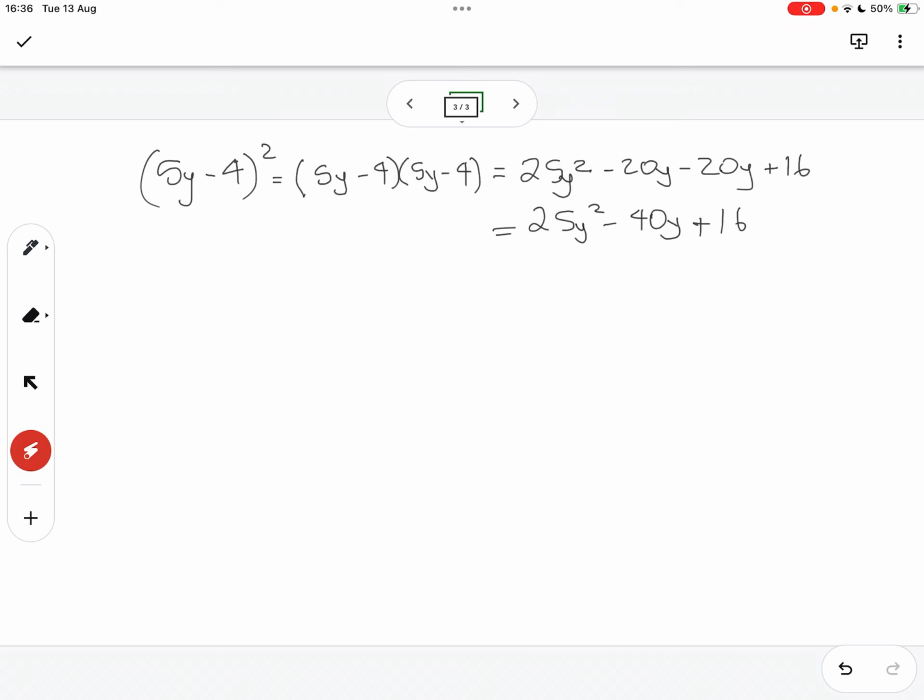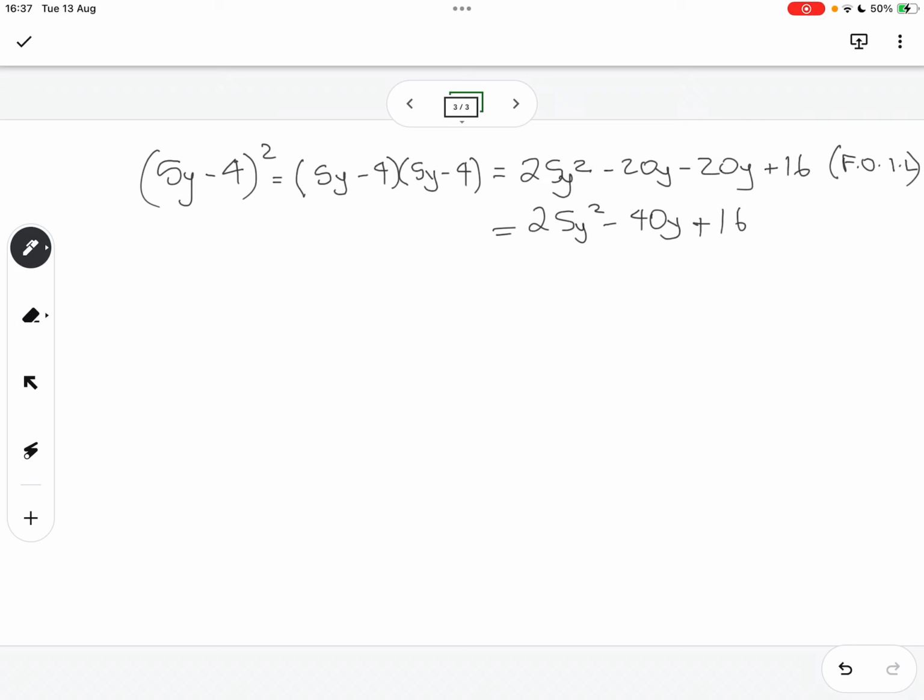Use FOIL to find the product: 25y squared minus 20y minus 20y plus 16 equals 25y squared minus 40y plus 16. All right. So then, yeah, we can finish there. Then let's get to the next page.